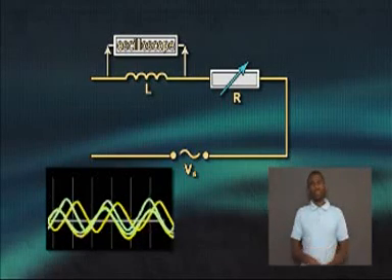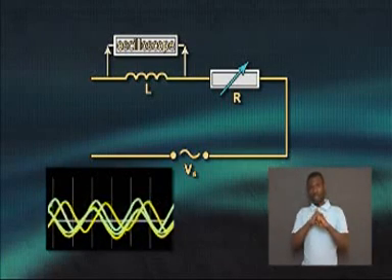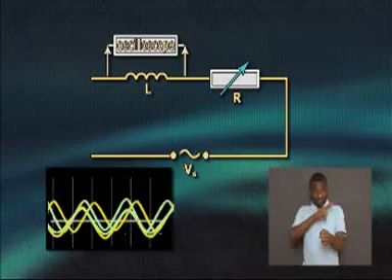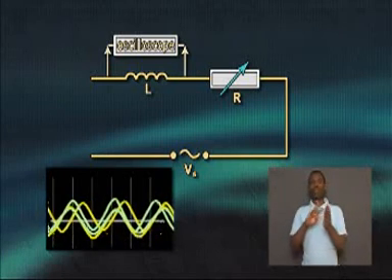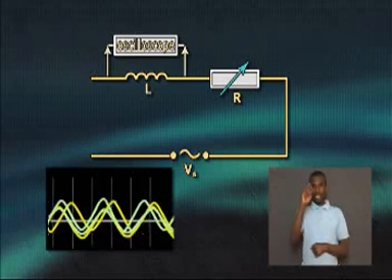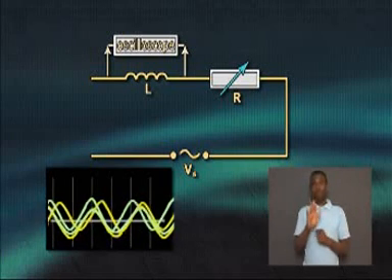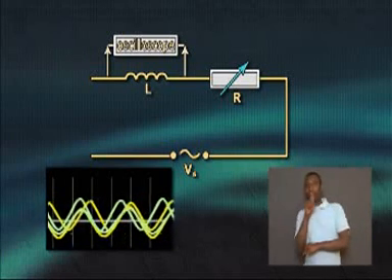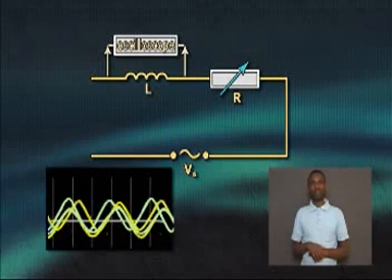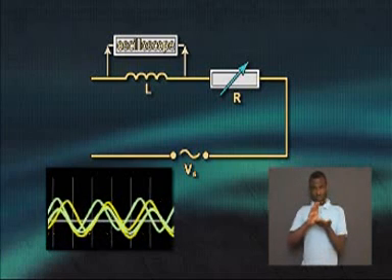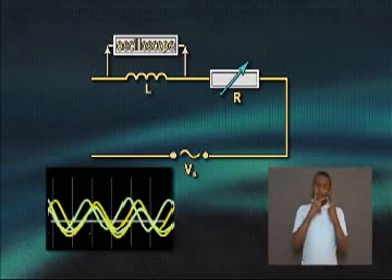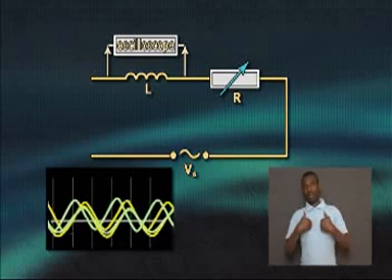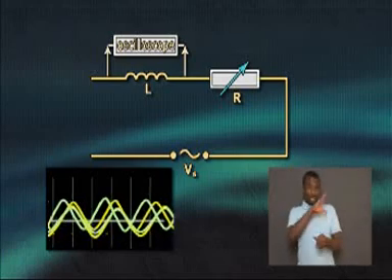The resistor keeps current and voltage in phase, and the inductor creates a phase lag. It is possible that the circuit will have a negligible difference between voltage and current.